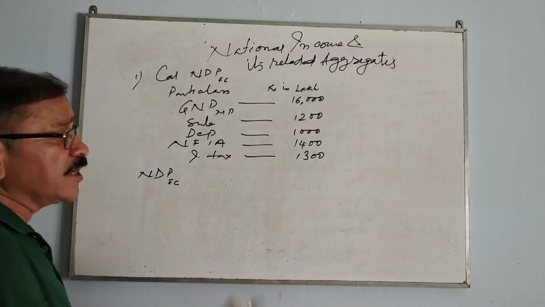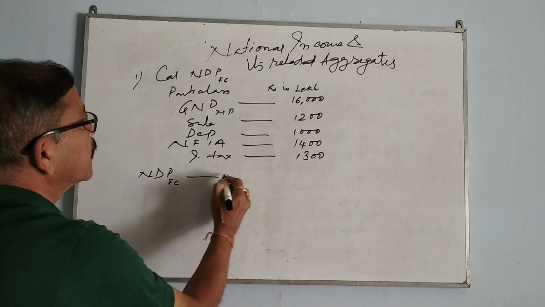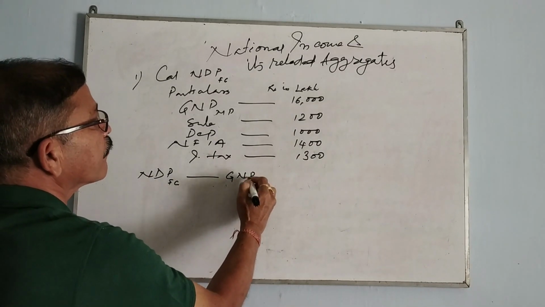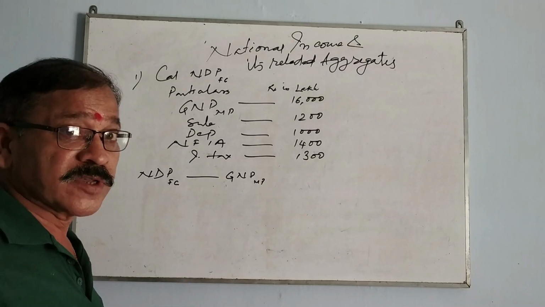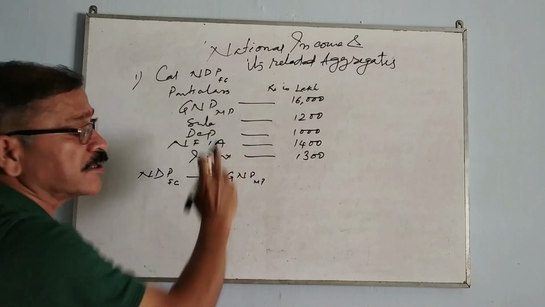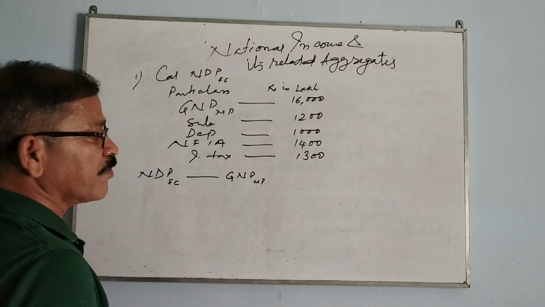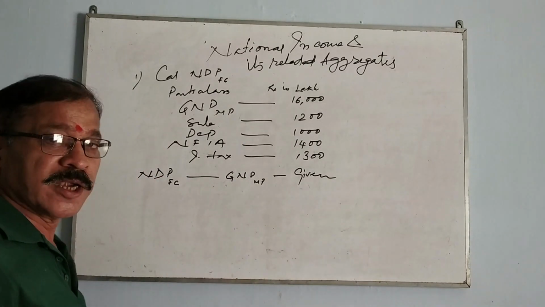The nearest aggregate of NDP-FC, you can see, is GNP-MP. You have to find out the nearest aggregate of the given question. So GNP-MP is given and you have to find out NDP-FC.